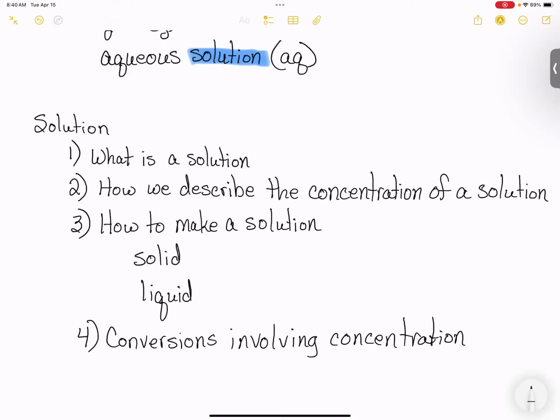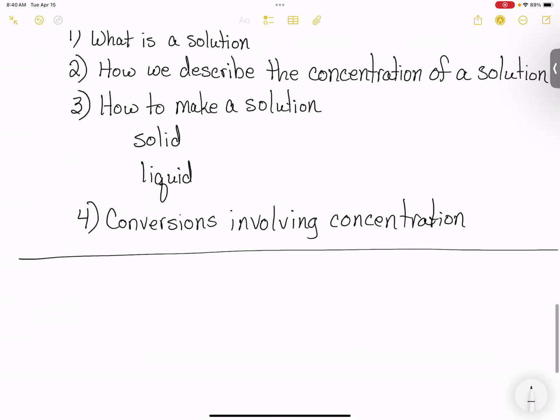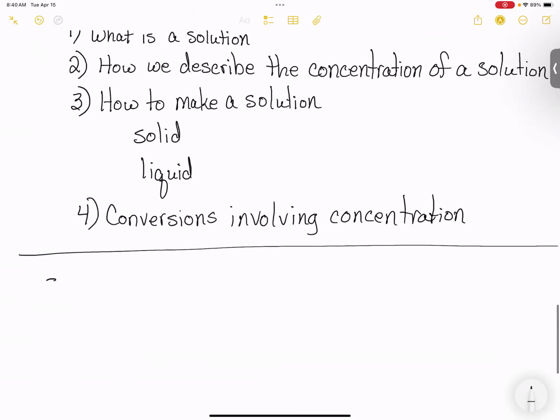That is going to be the focus of the rest of the semester, or I should say the rest of the new information this semester. So let's begin with this concept of a solution.